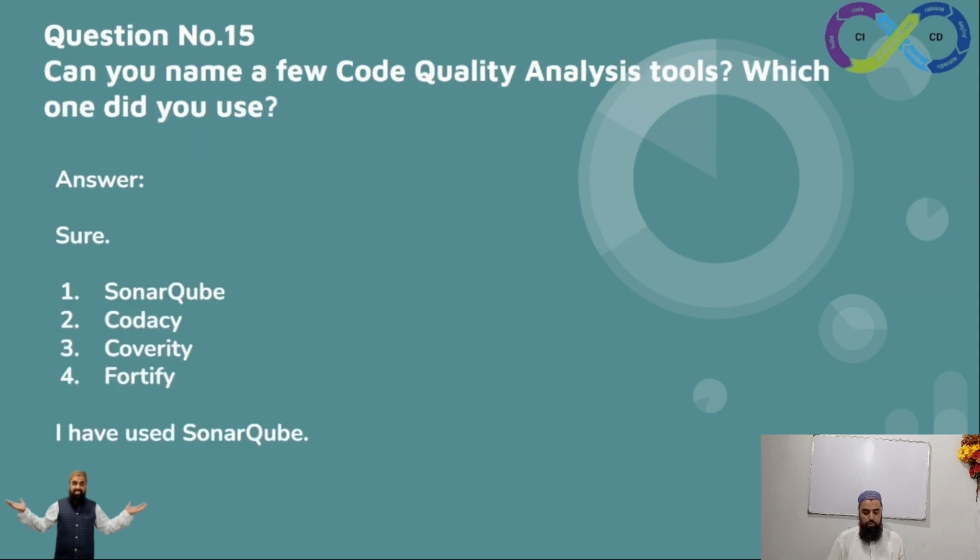Can you name a few code quality analysis tools? Which one did you use? You can tell which one. There are actually a lot of other tools, but I have highlighted the most frequently used tools like SonarQube, Codacy, Coverity, Fortify, and among them I have used SonarQube.